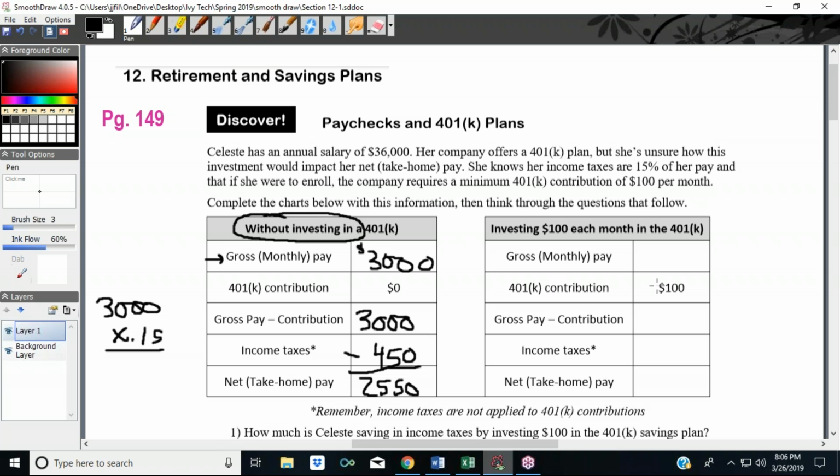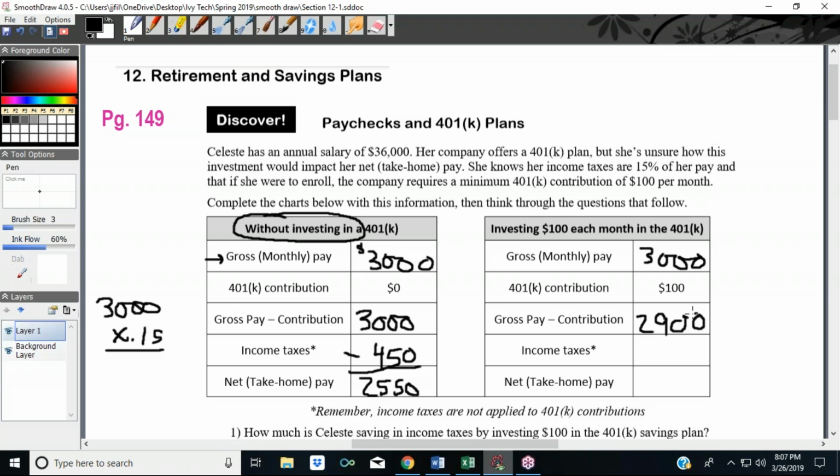So again, her monthly pay is $3,000. But now the gross pay minus contribution is going to be $2,900. And so the unique feature here is that the taxes are calculated after the contribution.